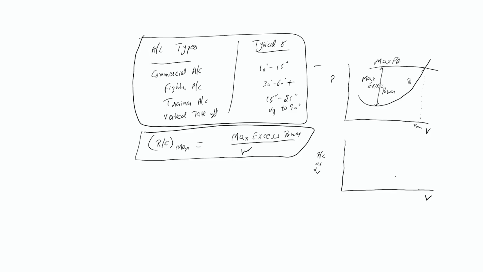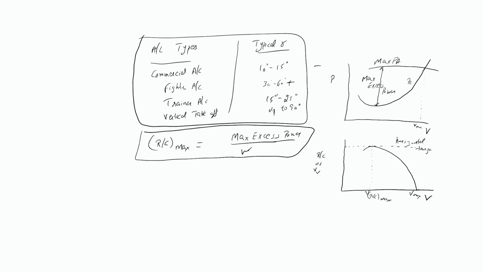And when is the rate of climb maximum? It is maximum at this point, so your curve will be something like this. This horizontal tangent will define your maximum rate of climb. This was V max, and this is the velocity at which R by C is maximum.